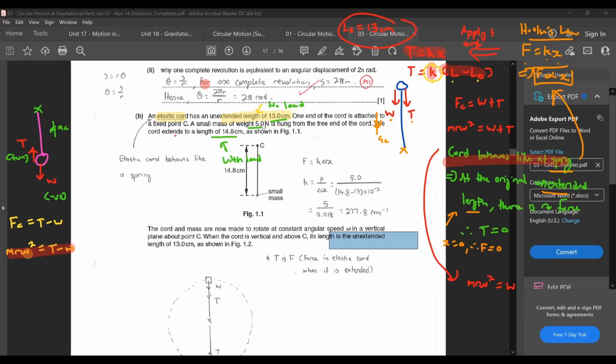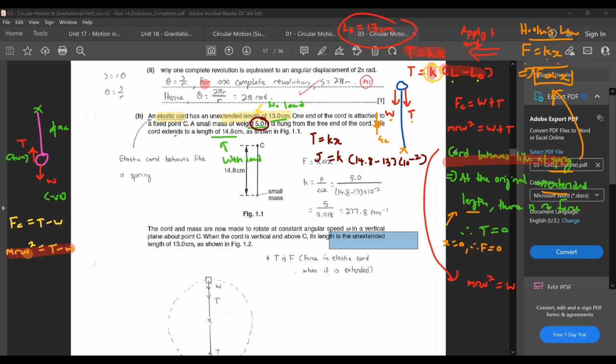Maybe I better just write at the side here. T is equal to Kx. In your case, your T, or rather your force exerted, is 5. K is what you want to find. Your extension here is 14.8 minus 13 multiplied with 10 power minus 2 because you want to change from centimeter to meter.